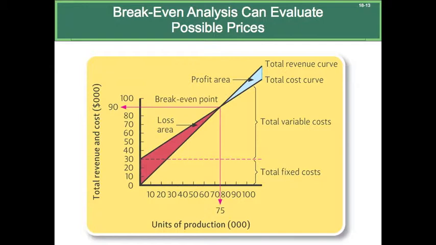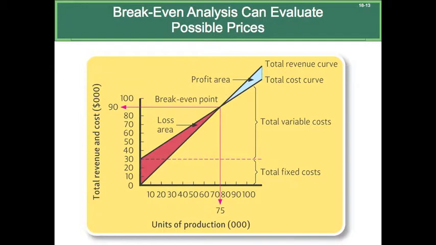The point where total revenue and total cost intersect is our break-even point. And if we drop a vertical directly downward from that break-even point to the quantity axis, that tells us how many units we will be required to produce in order to break even. Notice the area in red is a loss area.